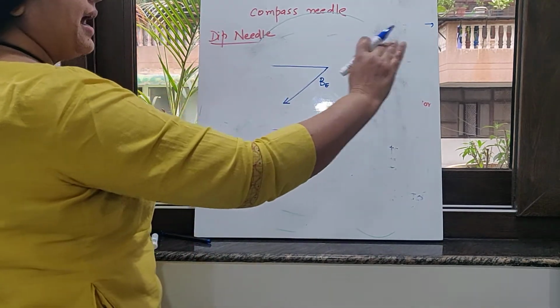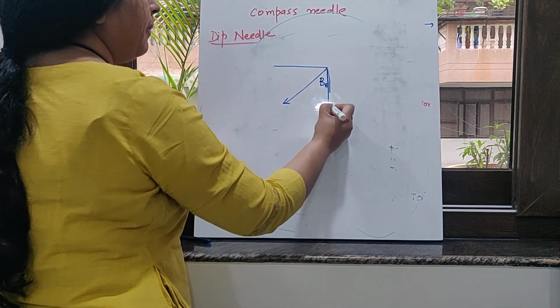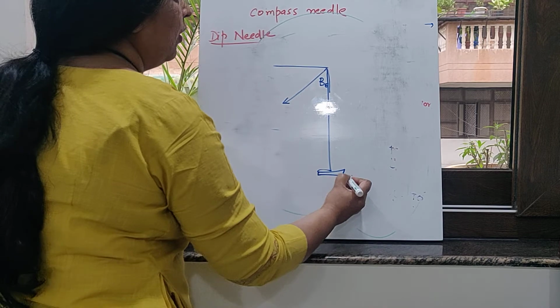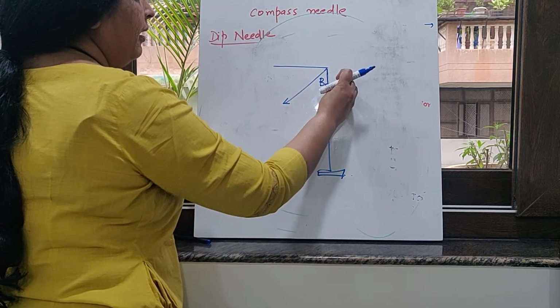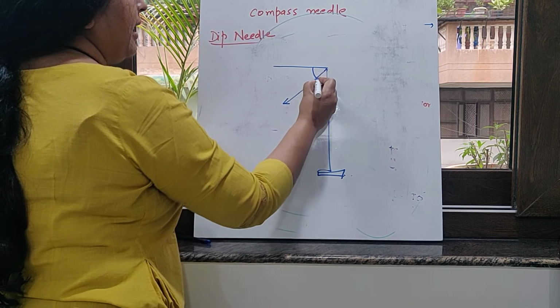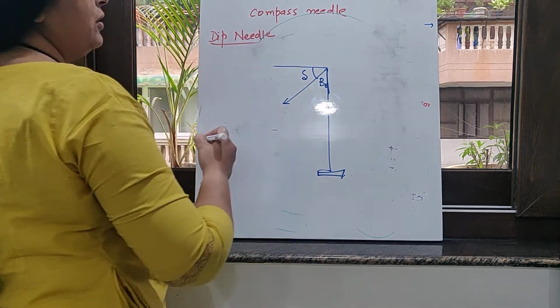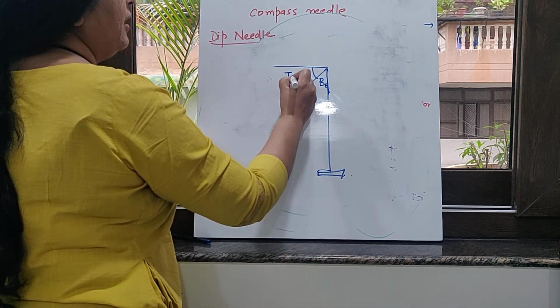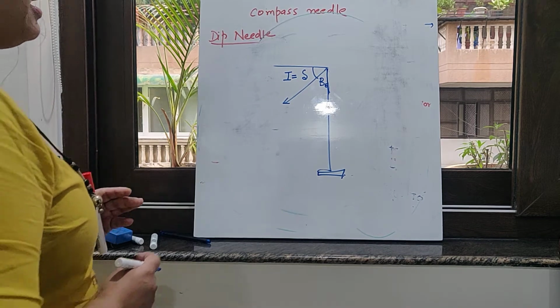You can take any axis as the horizontal direction. And this is the vertical part of the stand. Now if this is the horizontal line, the angle here is the angle of dip.